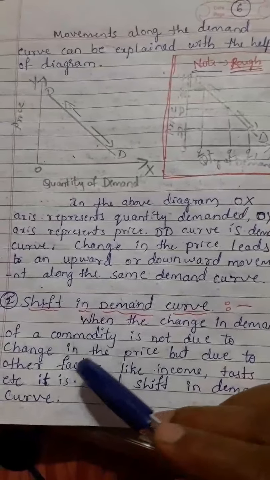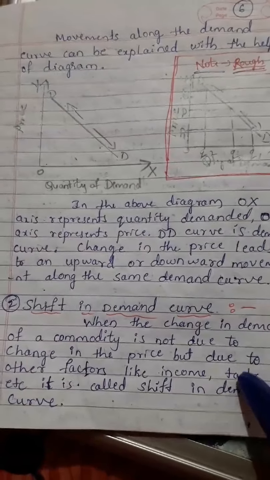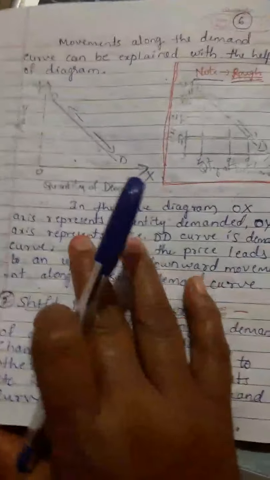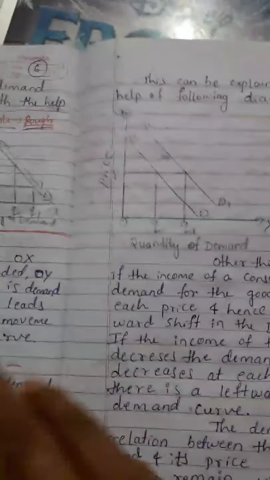Other factors or other things means here income of the consumer, taste of the consumer, preference of the consumer, and etc. These are called here shift in the demand curve.